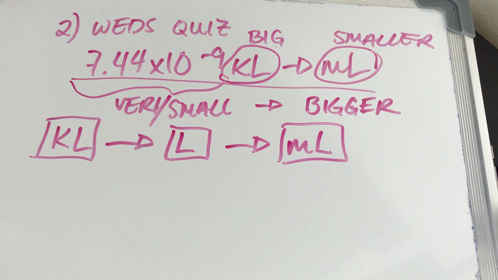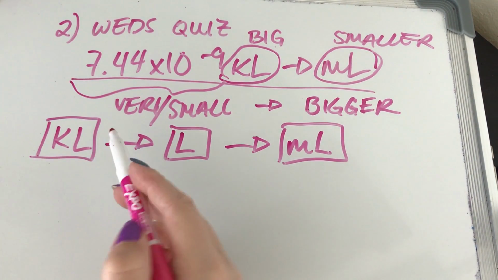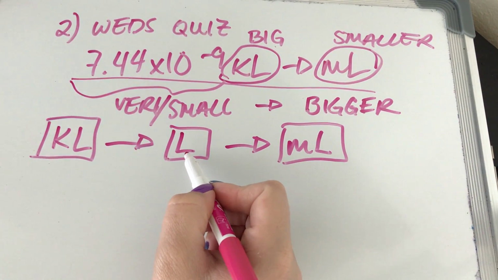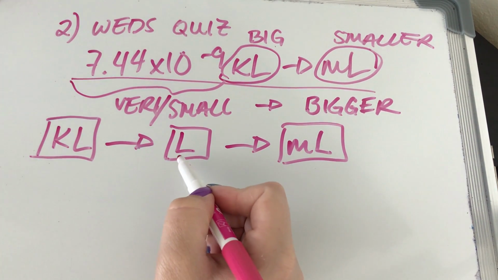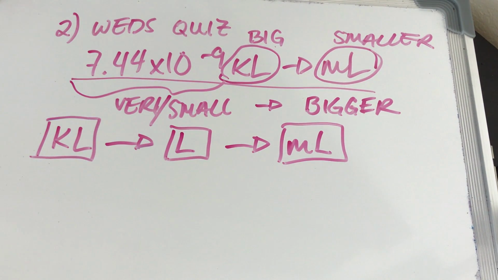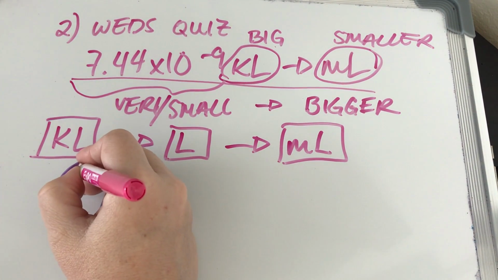So what is the conversion factor that I need to go from kiloliters to liters? Is it 1 liter is 1,000 kiloliters? It is not. Okay, is it opposite? It's the opposite, yeah.